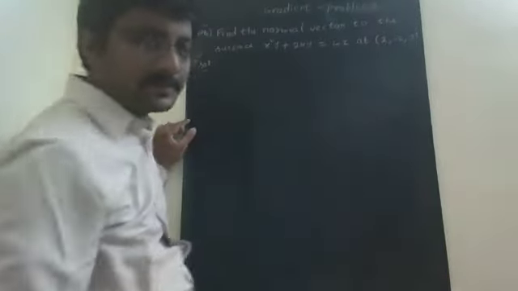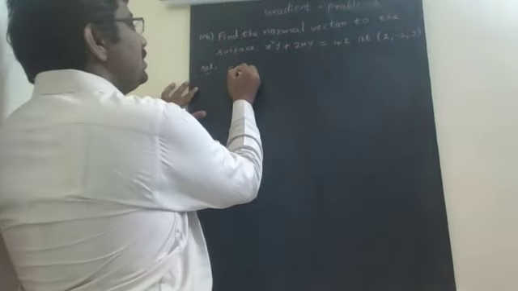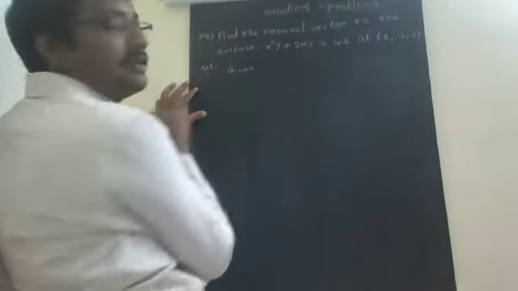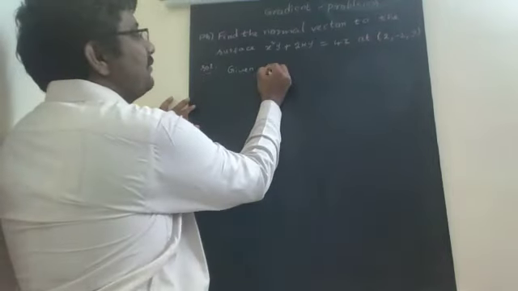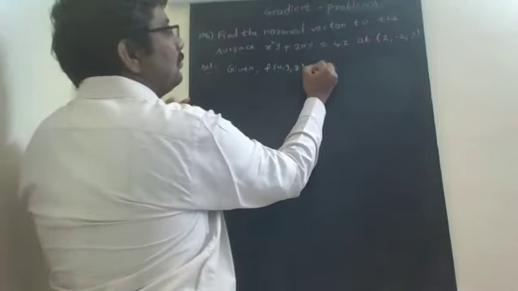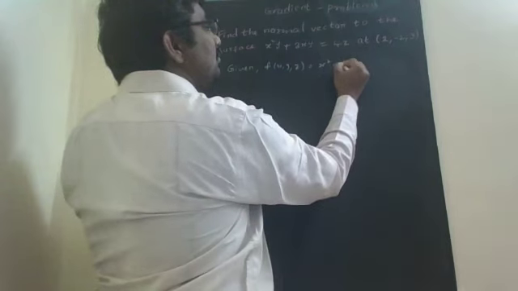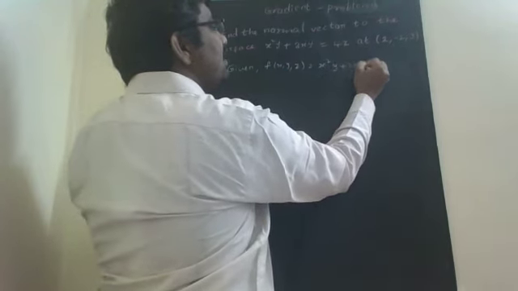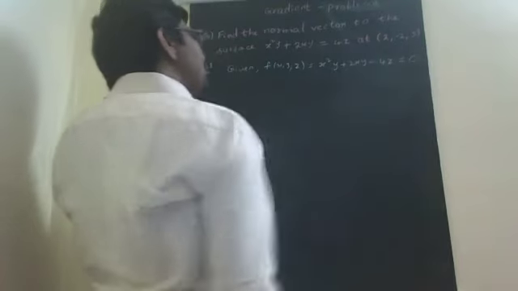So for this, the given level surface is denoted with f of xyz. So f of xyz is x square y plus 2xy minus 4z equal to 0.